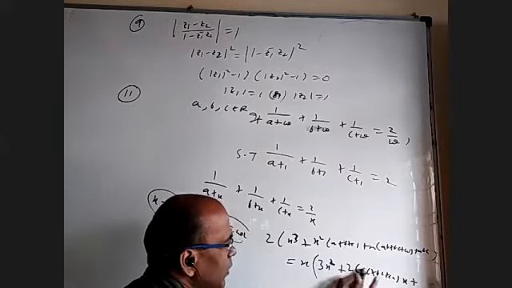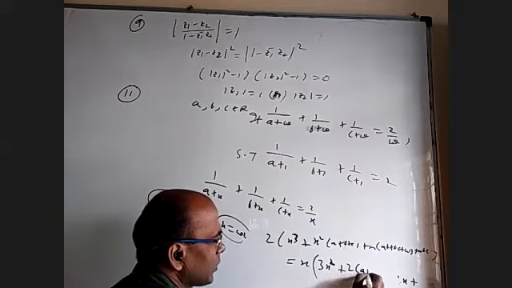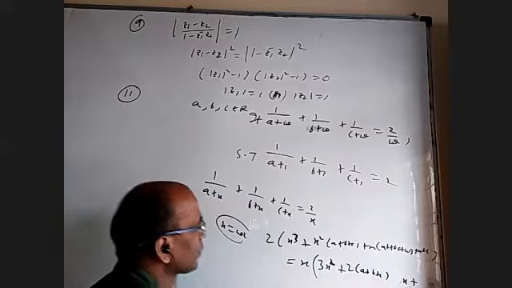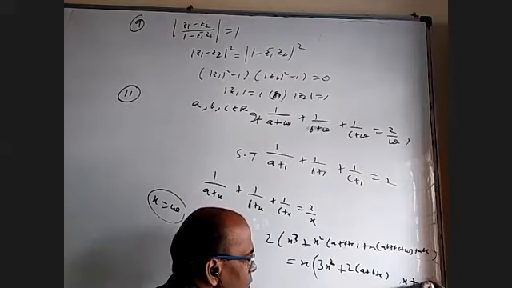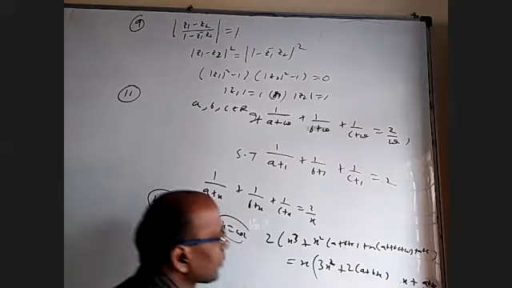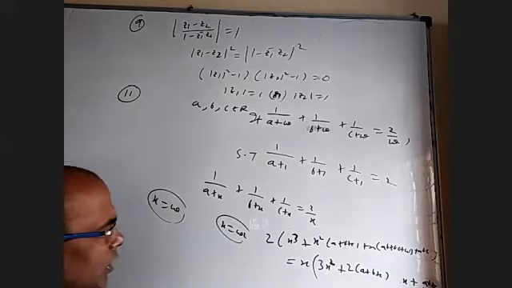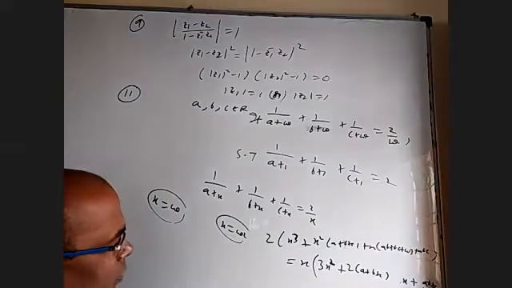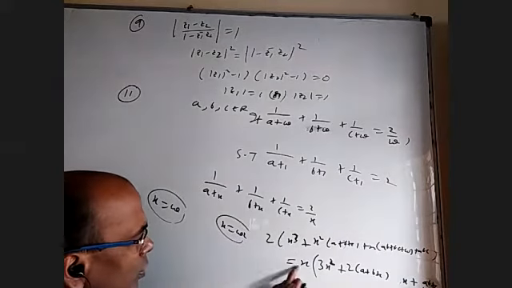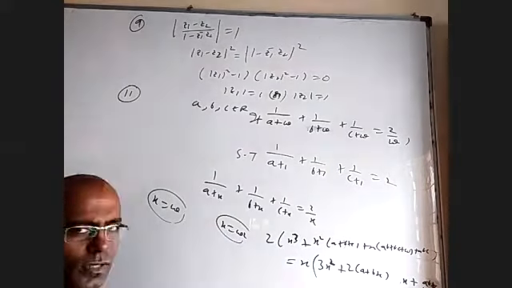Sorry, this is a plus b plus c, this is ab plus bc plus ca. Okay, I'll get 3x cube here, 2x cube, 1x cube, and 2x square. Yes, x square is getting cancelled. Yes, it's right.